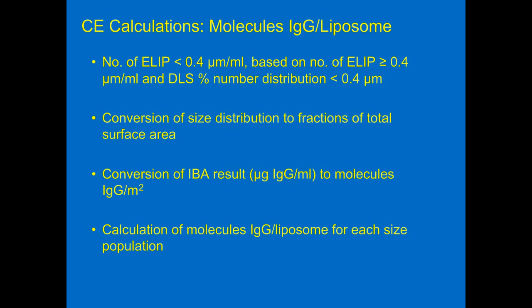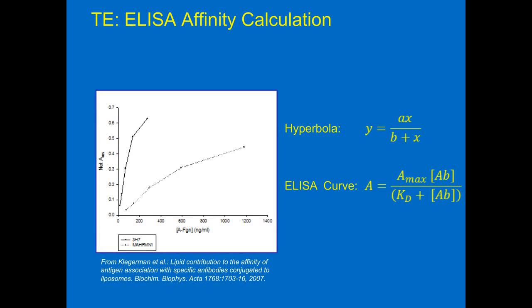So, for instance, we calculate that the smaller liposomes normally have 5 to 20 molecules of ligand, of IgG, bound per liposome. For our applications, that's very marginal, whereas, as I'll show you, for the larger population you're talking about hundreds to thousands of molecules per liposome.